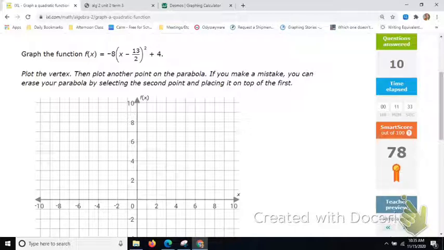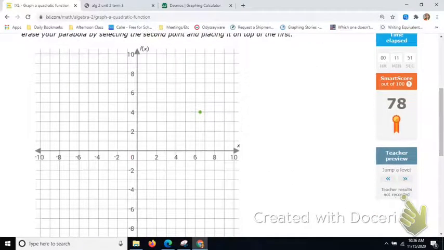So 13 over 2, take your 13, divide it by 2 on your calculator. You find out that's 6 1/2 or 6.5. So positive 6.5 and up 4. And then when we go down 8, that takes us to negative 4. And we go over 1, and we're halfway between. Since we started in the middle, when we go over 1, we're also in the middle.